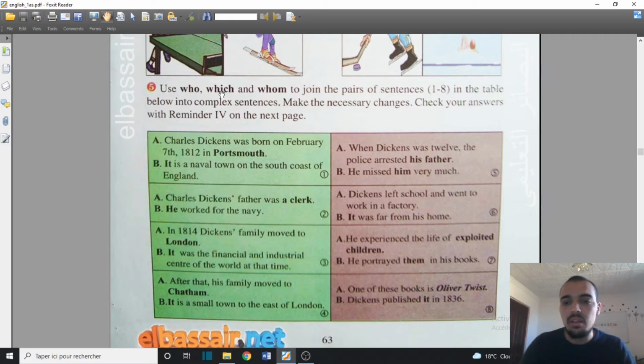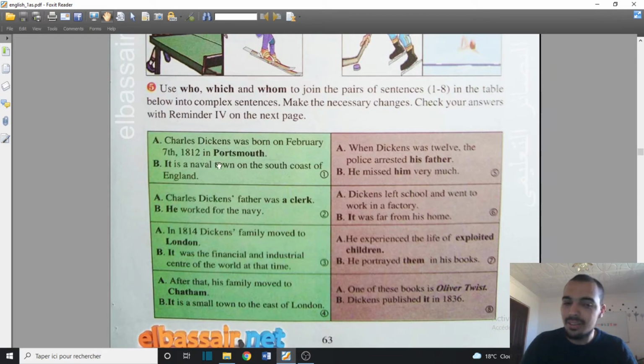So let's suppose, taking one example, Charles Dickens was born on February 7th, 1812 in Portsmouth. So this famous author was born in the city called Portsmouth.